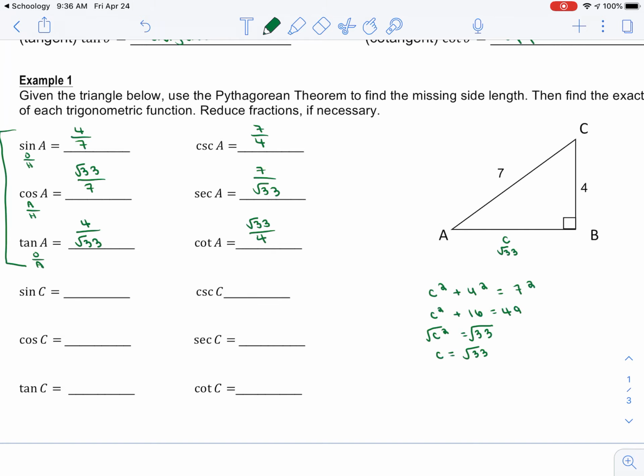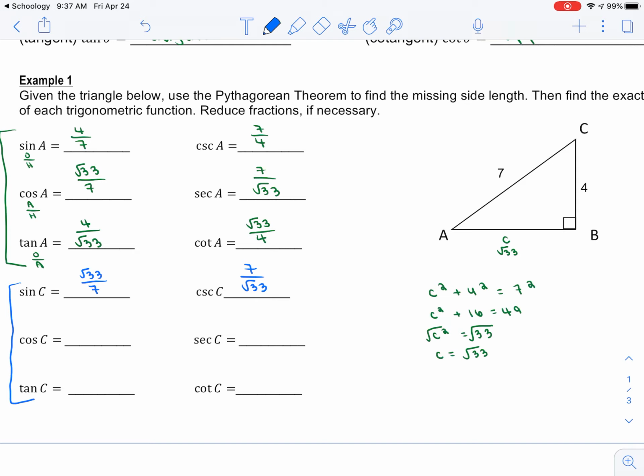Now, for angle C, let me use a different color. These 6 questions, we're now looking at the other acute angle in the triangle. If you look at angle C and I say find the sine of angle C, note that the opposite side this time is going to be root 33, and the hypotenuse is going to be 7. If I ask you to find the cosecant, you just flip it.